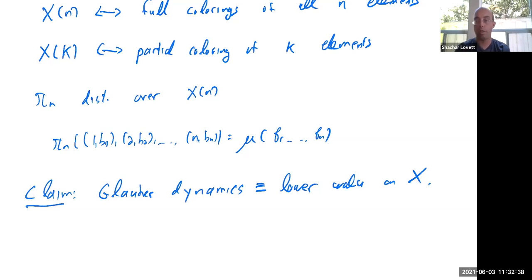So what was the lower walk? We start from a full coloring. Maybe I want to do k-cliques, so k elements are 1 and the rest are 0. I choose one of these elements, I randomly change it: I remove its label, and then I want to re-add it later, so that the probabilities are consistent with mu.